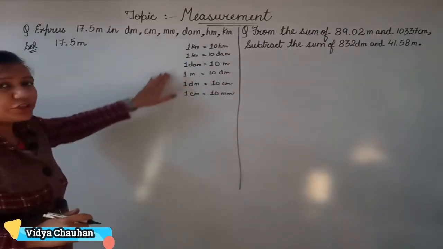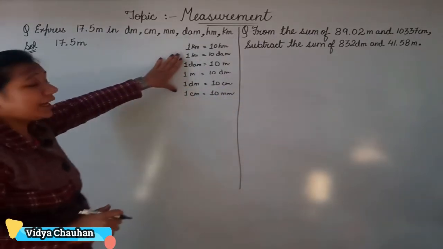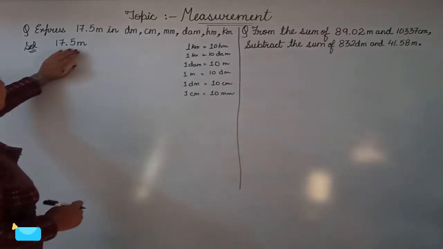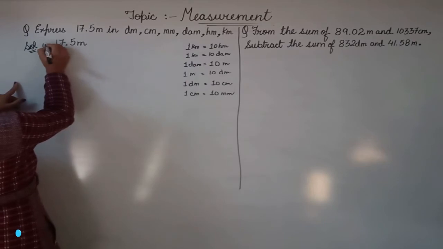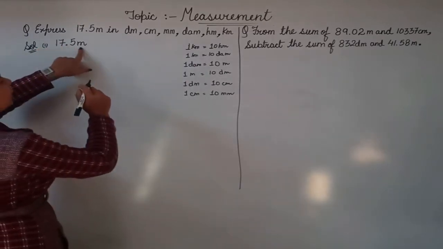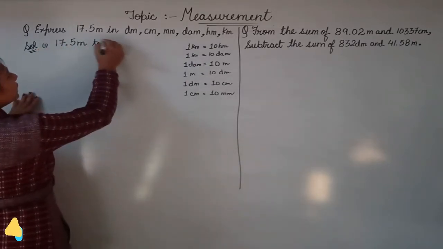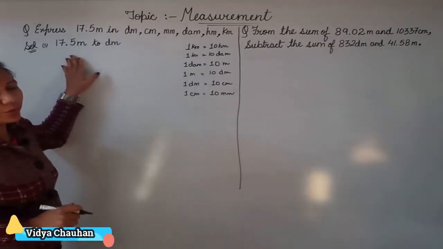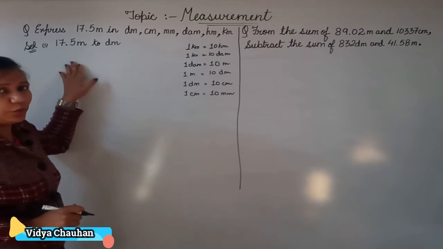So this is our conversion table. Now we will take help from this conversion table to do the conversions. In the first part, you have to do the conversion of 17.5 meter to decimeter. And I request you all to do the solution in the same manner in your notebook also.